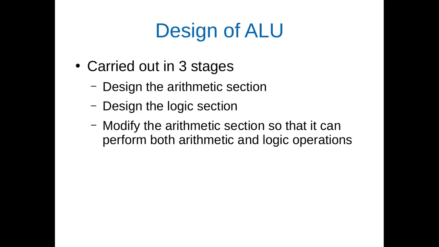Then how to design the ALU? We will discuss the design of our ALU in 3 stages. First, we will design the arithmetic section, then design the logic section, and modify the arithmetic section so that it can perform both the arithmetic and logic operations.